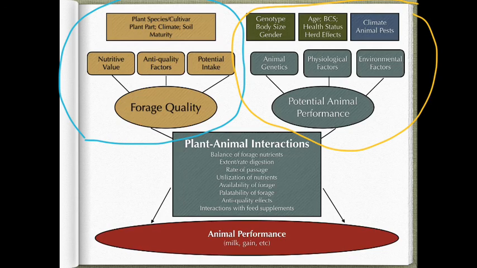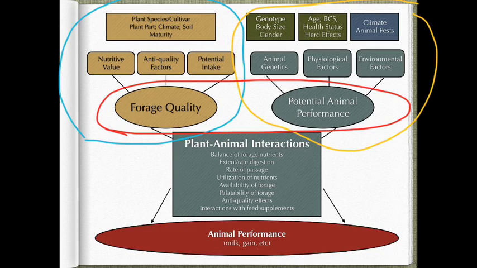All of those are going to affect that potential for animal performance. And now, you remember when we defined forage quality as the potential of a forage to achieve a certain level of animal performance. So when we get to that point where we have the forage quality and we're trying to evaluate what our potential animal performance could be, we have all of these interactions that can come into play. And so, do we have a balance of forage nutrients? What rate and extent of digestion is happening of that forage?